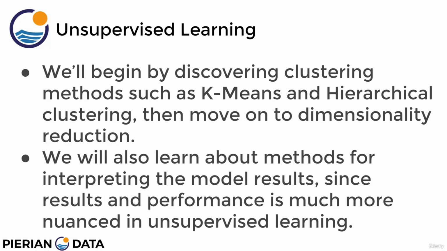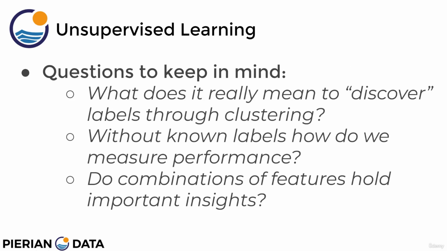We'll never get this really nice, clean metric of 100% accuracy or 10 root mean squared error, but there are methodologies to actually evaluating reasonableness or performance of unsupervised learning metrics. But keep in mind, we will have to kind of shift our understanding of what our performance is actually telling us.